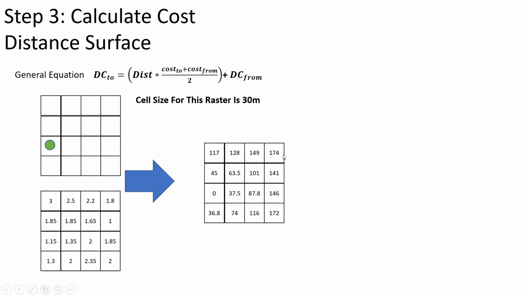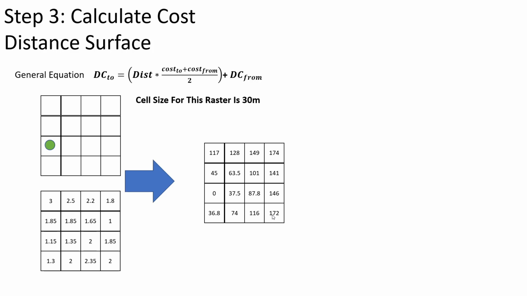So this distance cost raster here, each cell represents the total cumulative cost to get from the origin to that cell, taking the most efficient route along the way.